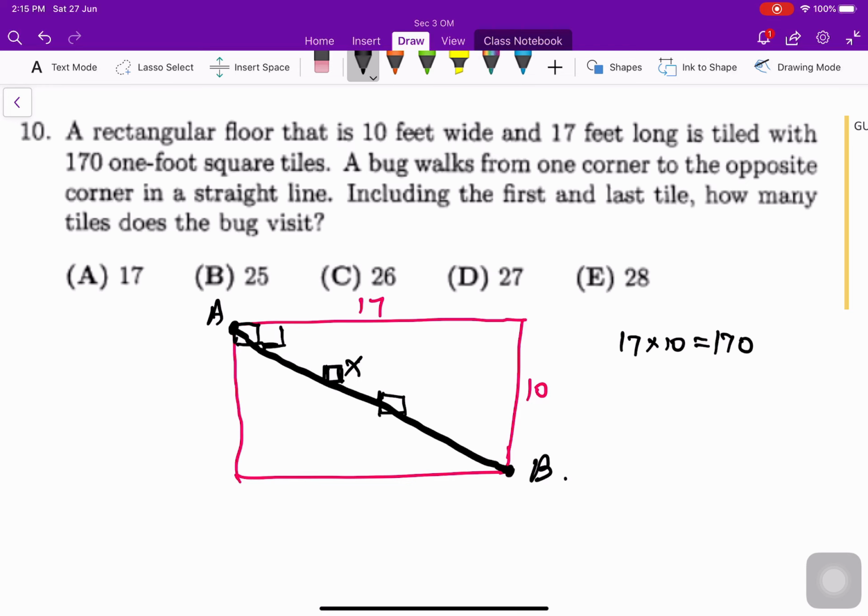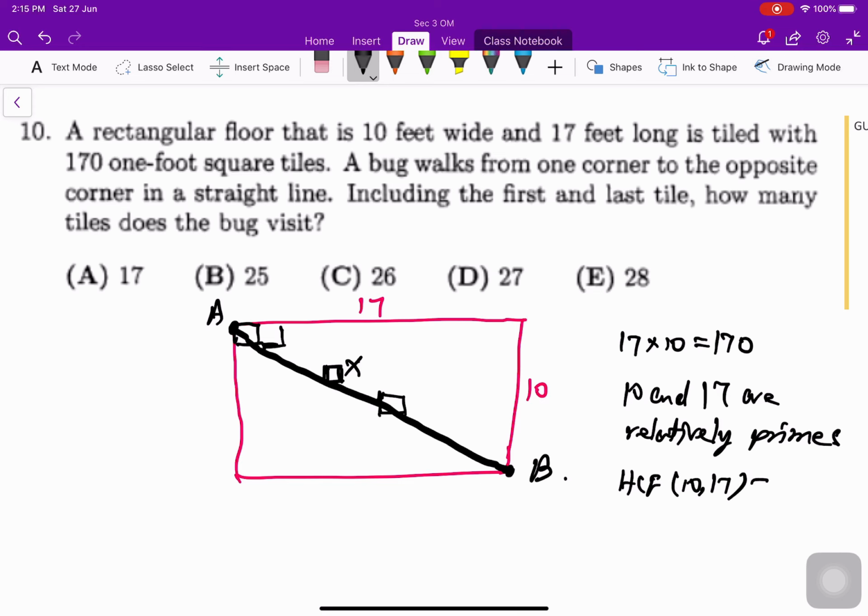Because 10 and 17 are relatively prime. What does it mean? That means in this case, the HCF of 10 and 17 is actually 1. Because of this property, we know that as the bug travels from A to B diagonally, it will not touch the corner of a small square.